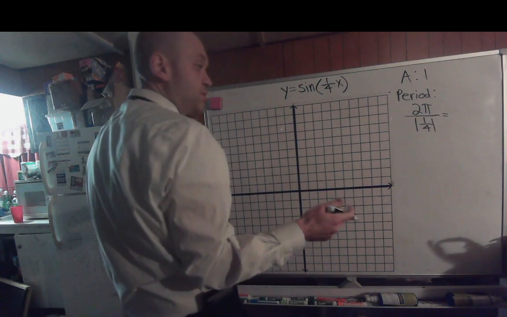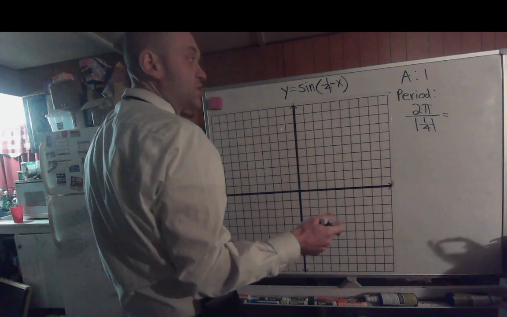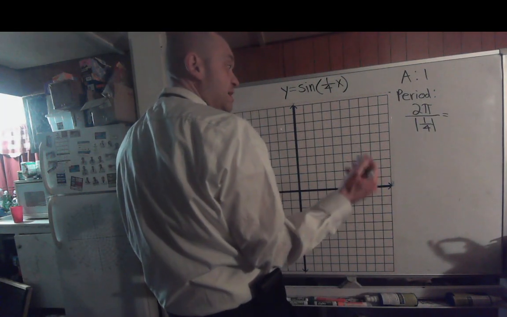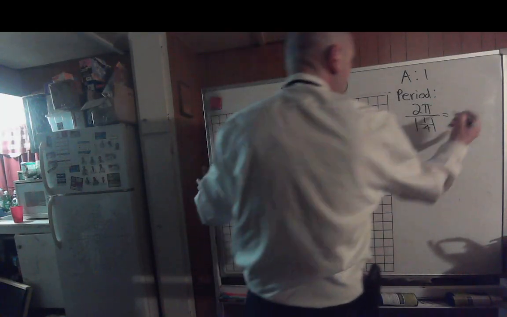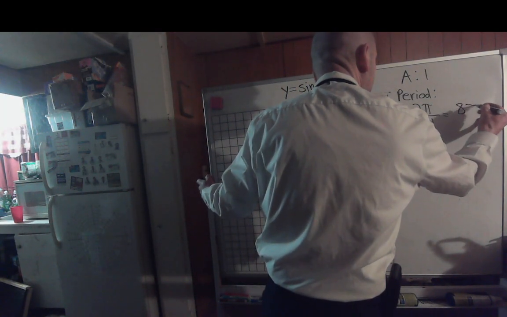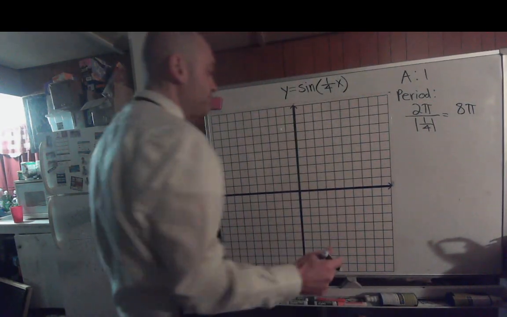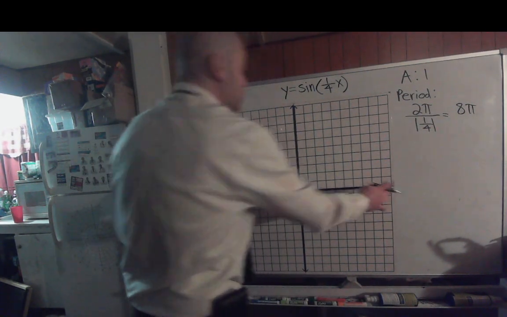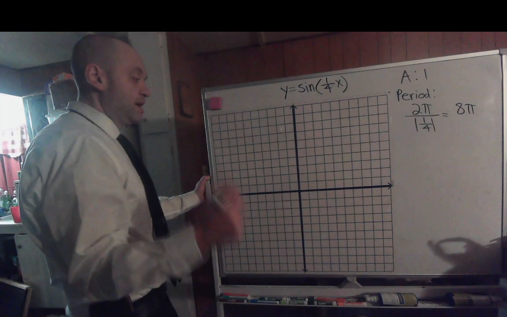Well, the absolute value of 1/4 is 1/4. 2 pi divided by 1/4 is the same as 2 pi times 4. So you'll actually have a period of 8 pi. So the period is going to be 8 pi.